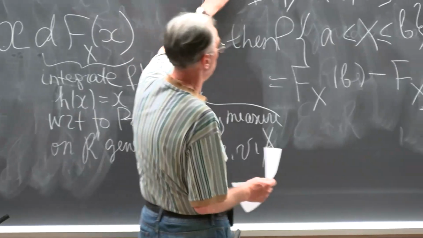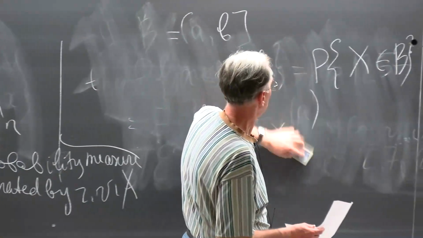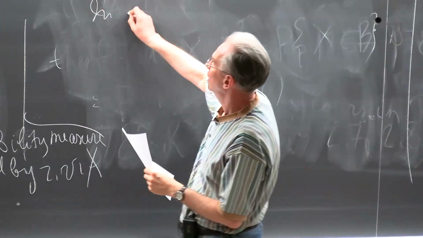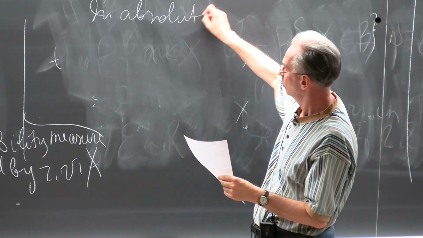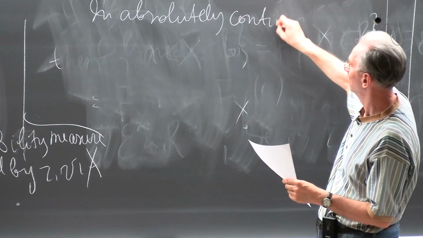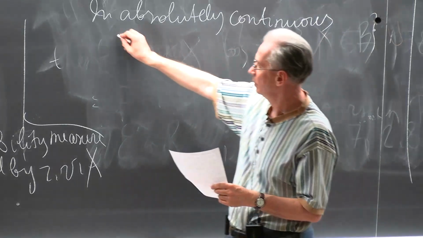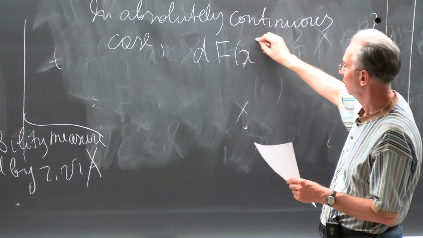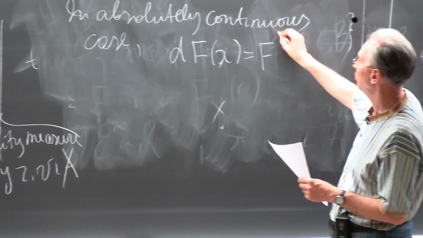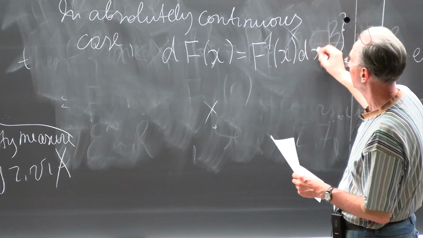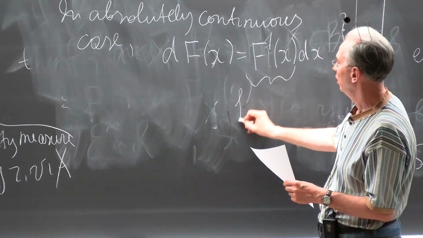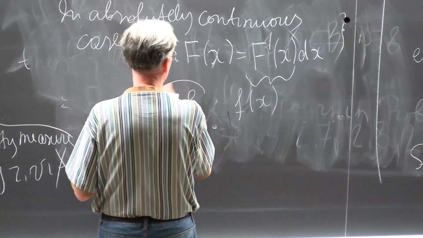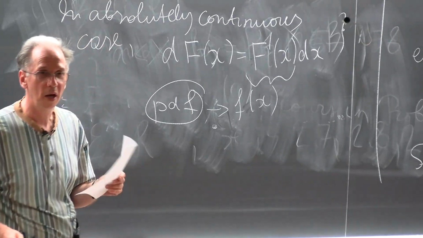So I should write that in the absolutely continuous case dF(x) is nothing else but F prime of x dx, where capital F prime of x is your PDF, little f of x. Okay? Is this understood?